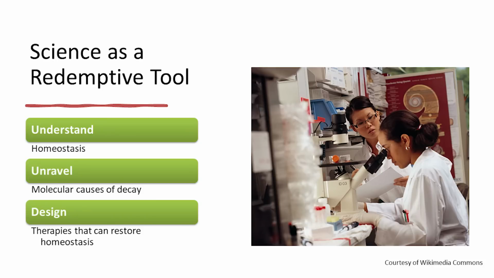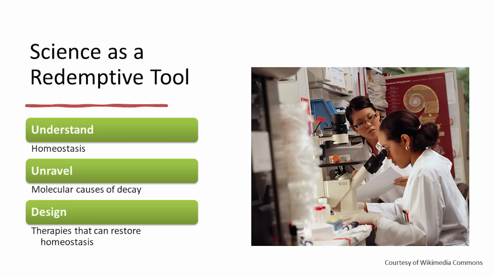So the next thing we do is unravel molecular causes of decay. What is causing the defects we see? What was that good design? And how can we get back to the good design? And so the last part would basically be trying to think God's thoughts after him, in a sense, designing therapies that can restore homeostasis.